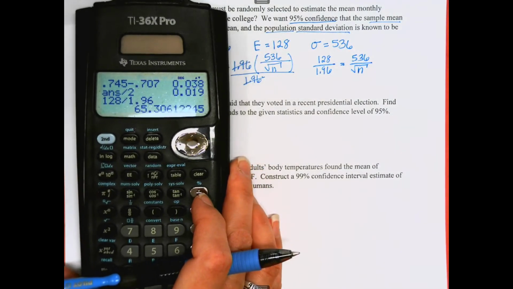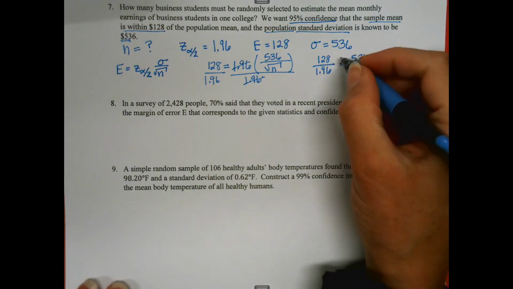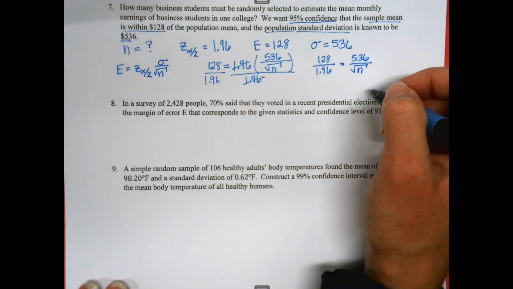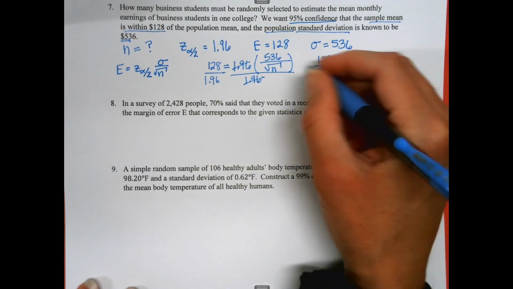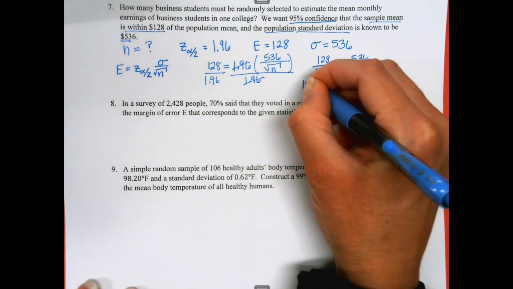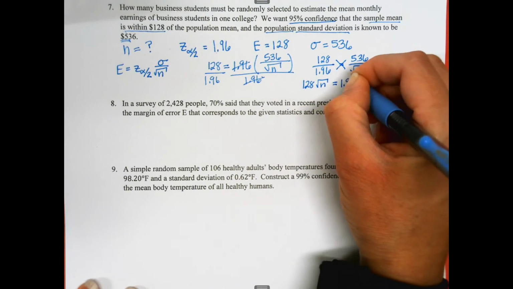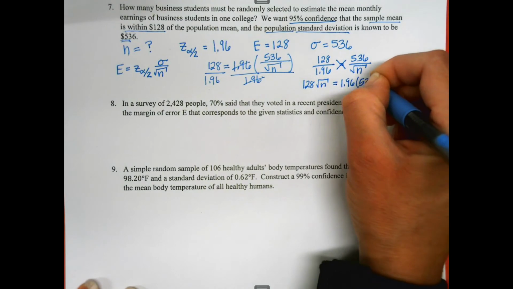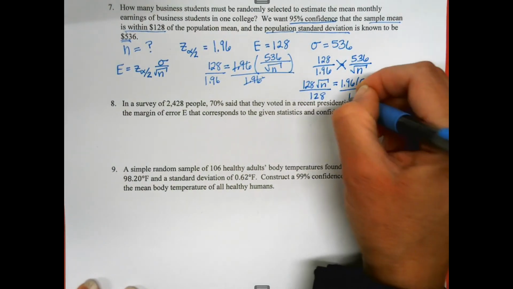There are a couple of different things we could do. We could cross multiply and solve, which might be the easiest way. We get 128 times the square root of N is equal to 1.96 times 536, and divide both sides by 128.